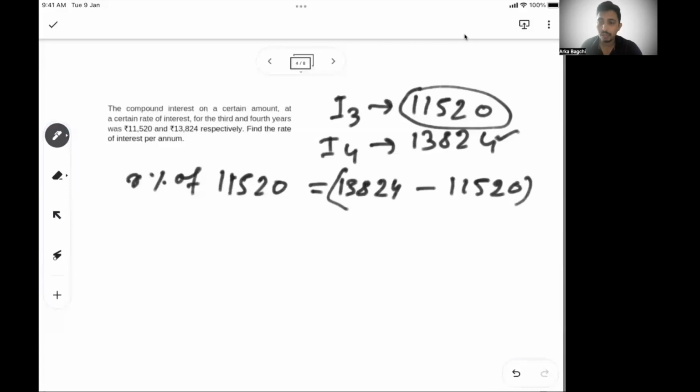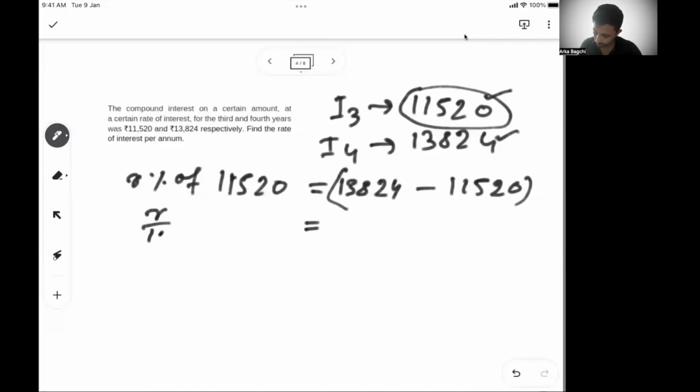This is the extra amount you have earned, because the rate of interest is calculated over 11,520. This 11,520 was not included in the third year's principal, but it is included in the fourth year's principal. So your principal increased by 11,520, and that's why you earn that extra amount in the fourth year.